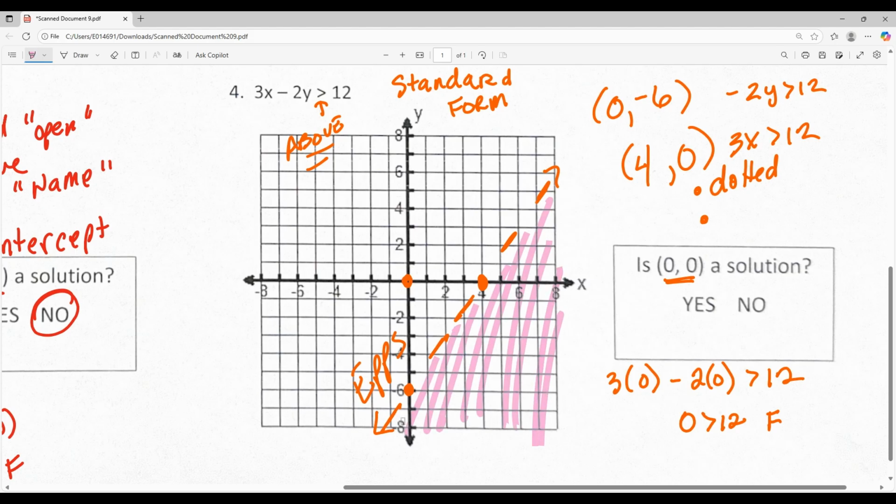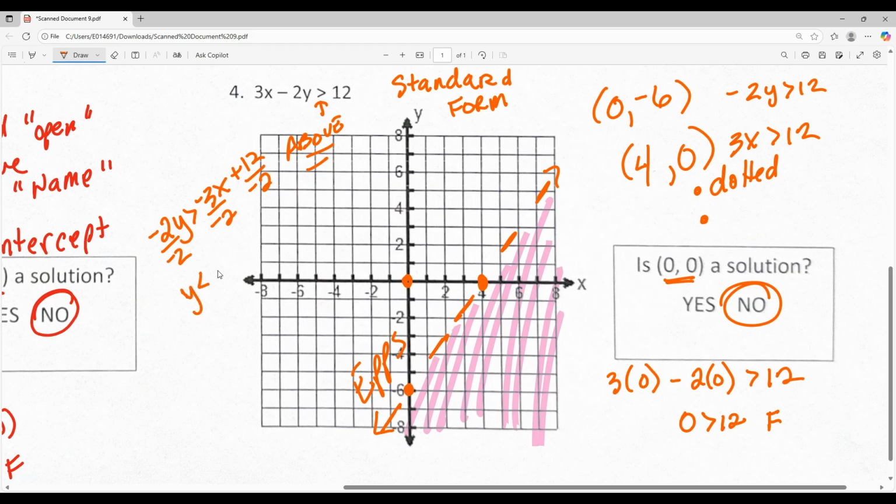Now, I want to tell you why that is the case in this situation. Remember, if I were to divide by negative 2 to put this in slope-intercept form, then my inequality would flip in the other direction. So look, this would be negative 2y greater than negative 3x plus 12. Divide everything by negative 2, the coefficient with y.